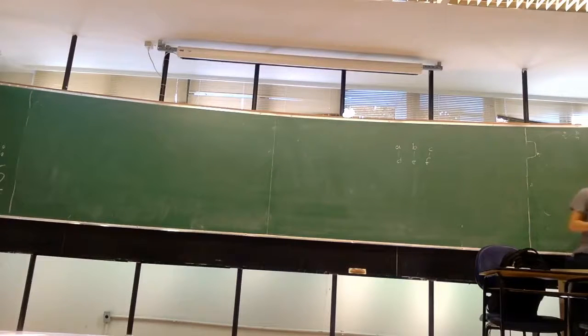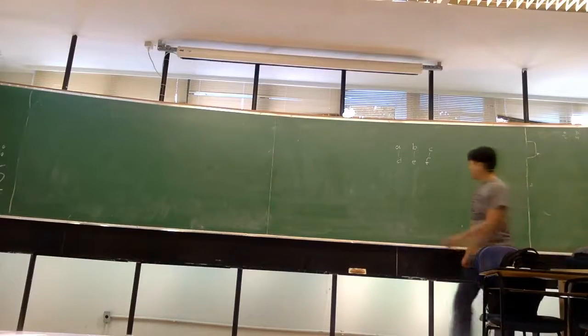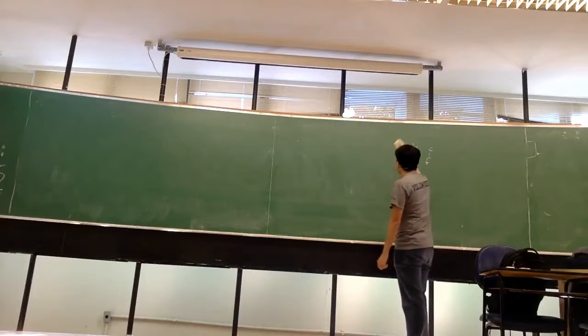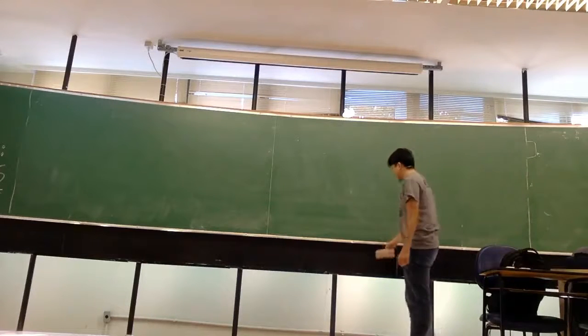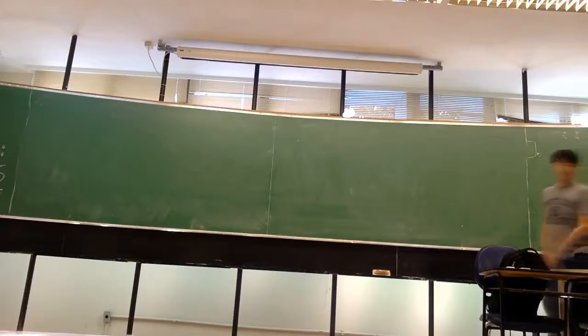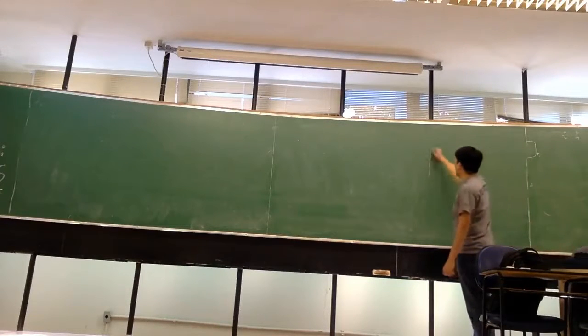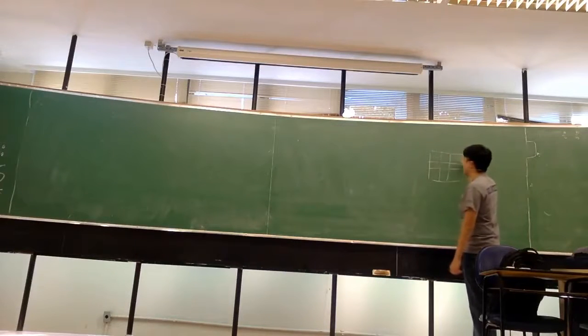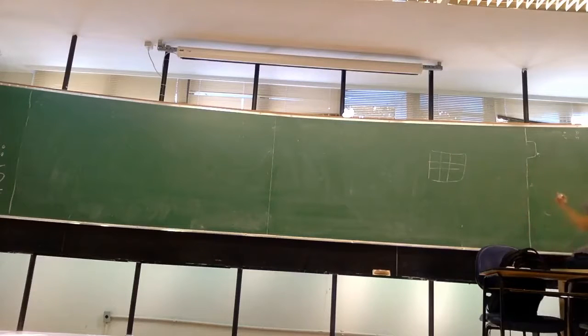Okay. Problem D, forming a magic square. So we were given a 3 by 3 square with some numbers on it, and you had to transform this square into a magic square.